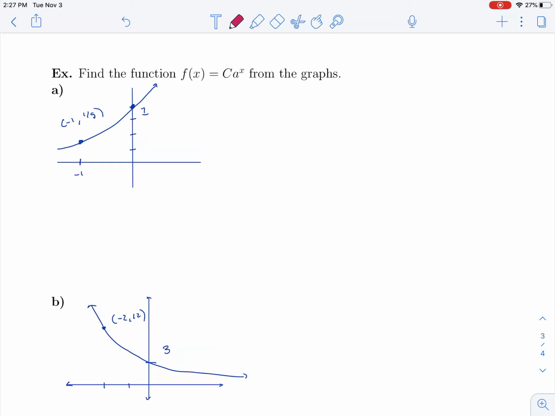We're given these two graphs, A and B, and we're going to find the function f of x equal to c a to the x, and we're going to use our knowledge from above and our knowledge of some exponents.